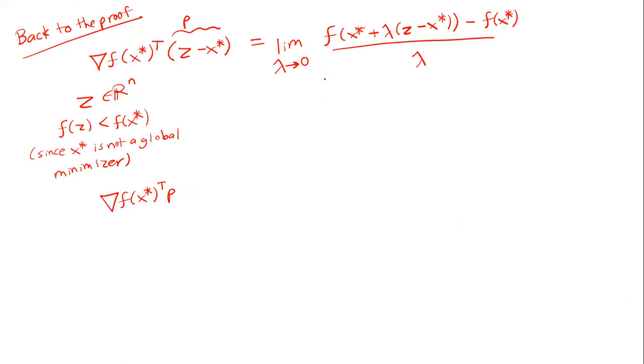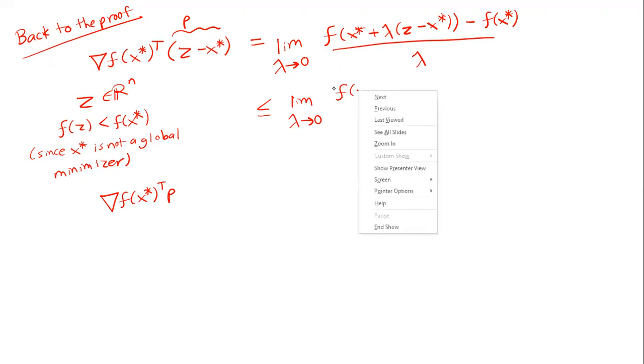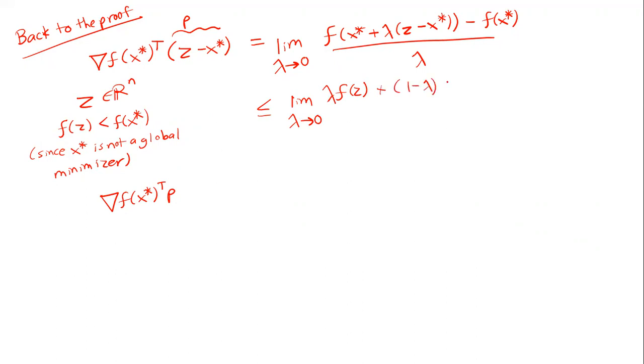And so now we're going to make a statement that this is actually less than or equal to the limit as lambda goes to 0 of lambda f of z plus 1 minus lambda f of x star minus f of x star. And so this is coming from convexity.